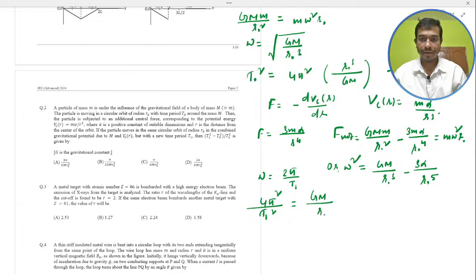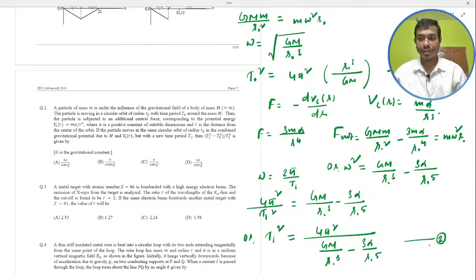GM/r0³ minus 3α/r0⁵. Or T1² would become 4π² divided by (GM/r0³ minus 3α/r0⁵). This is equation number 2.